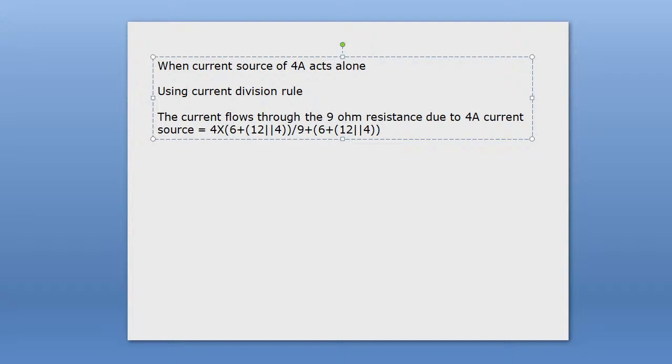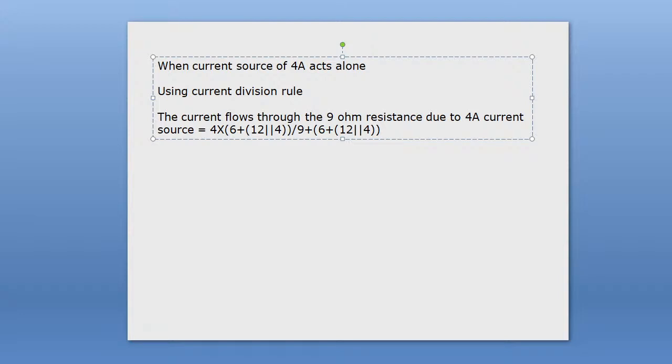Now everyone write the value of current which flows through 9 ohm resistance when only the current source is present in your circuit. So you know the current division rule. You see the total current is 4 ampere. This current is divided into two branches. One is 9 ohm and the other is the equivalent resistance of 6 ohm and the parallel combination of 12 and 4 ohm resistance.